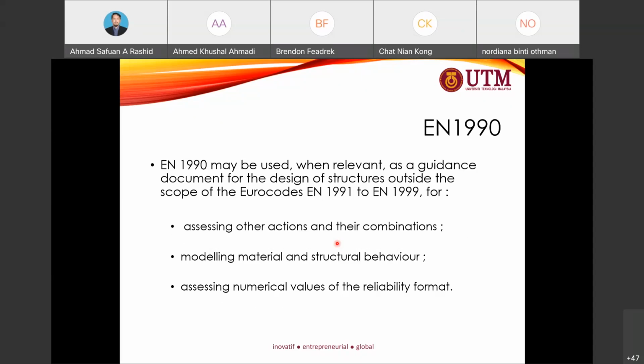Actually, Malaysia also has this kind of guideline, called the Malaysian Standard.